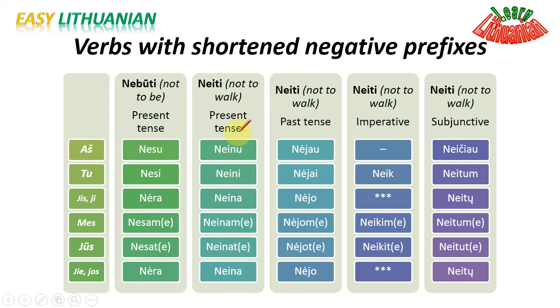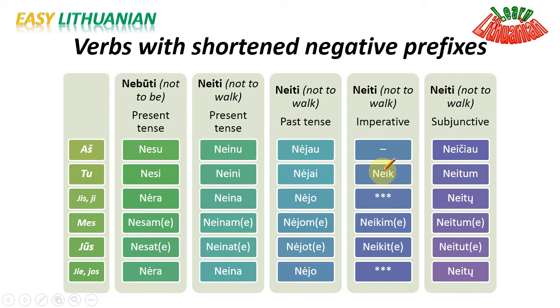So pretty easy. Again, you only add n, no changes occur. Now the past tense. Aš nėjau, tu nėjai, jis ji nėjo, mes nėjome or nėjom, jūs nėjote or nėjot, jie jos nėjo. Pretty easy.